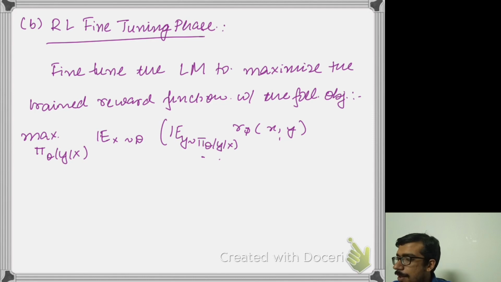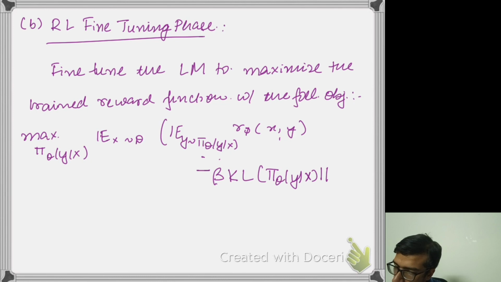Okay. But other than maximizing reward, the distribution of responses should also satisfy the condition that it's not too far off from the prior distribution. And so we also have a KL divergence term which tries to ensure that the distribution which is being trained is close to the original distribution based on some reference distribution pi ref of y given x.